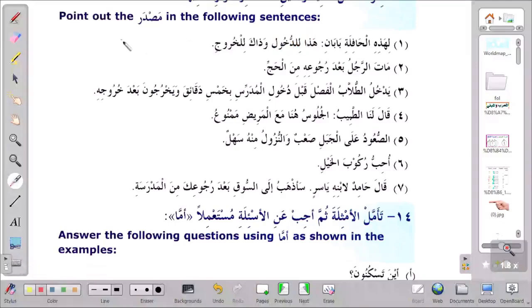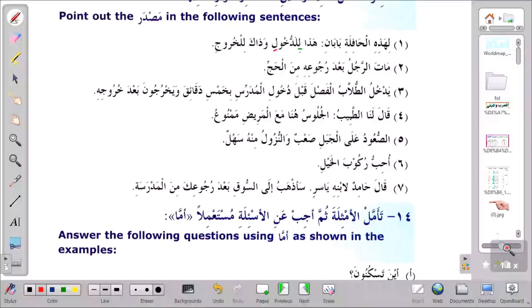You can see the lam at the beginning. Okay, lam, this is a harf jarr, right? And this one is a majrur. So haza li dukhulin. Here it should have dhamma, I'm saying dhamma, but this one is supposed to be majrur, so it should take kasra. Dukhuli, it should be singular because there is already alif wa lam.